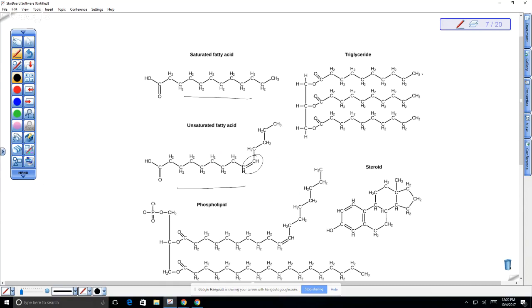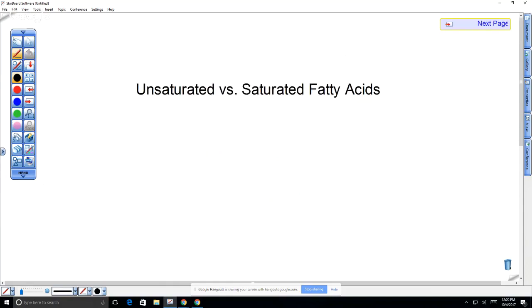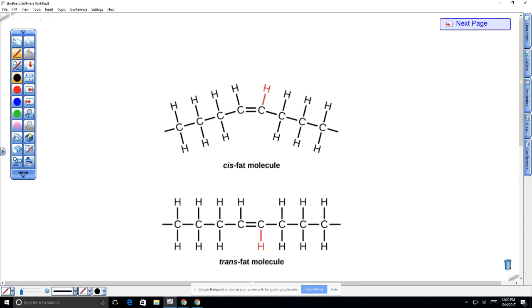So if we look at the difference between trans fats and regular fats, you don't need to know this, but I just wanted to point out that in a trans fat, the hydrogen atoms are on opposite sides of the molecule. So that's what trans means. Trans means opposite, and cis means on the same side. So this would be a cis fat molecule.